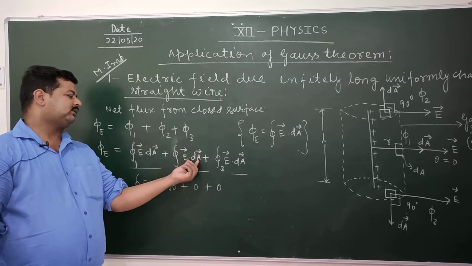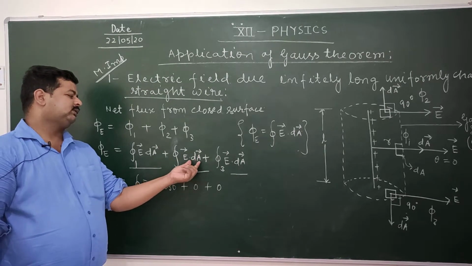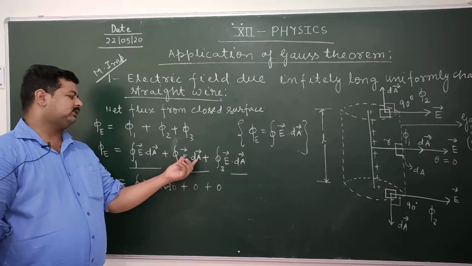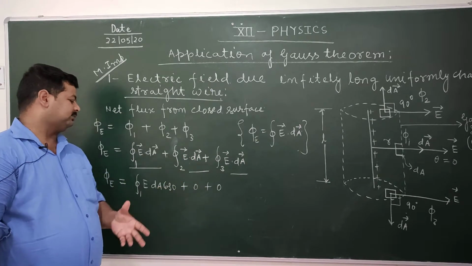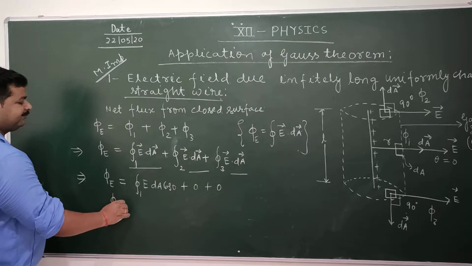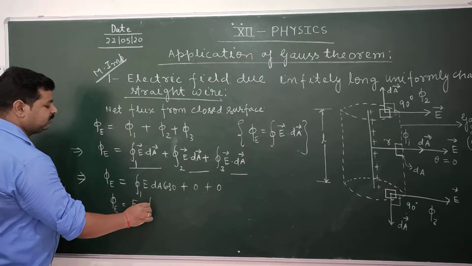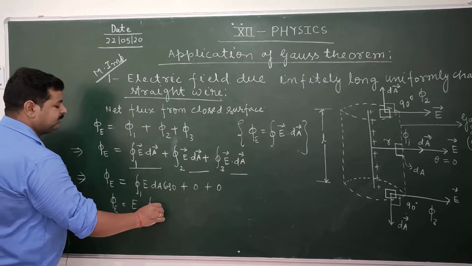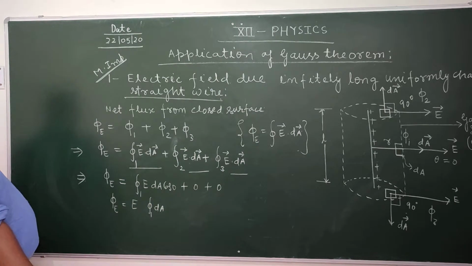After opening this term, E dA cos 90, and cos 90 is equal to 0, therefore this term becomes 0. So here we write phi E is equal to E times the closed integral of the area of the surface element.